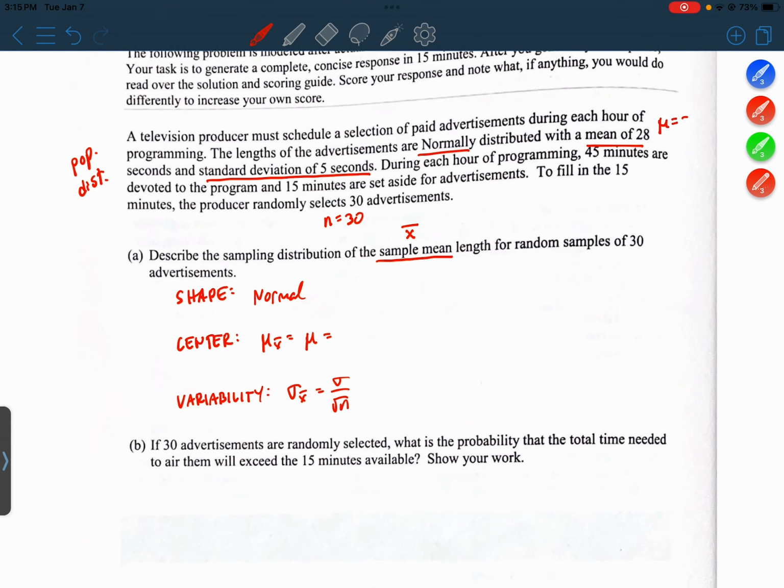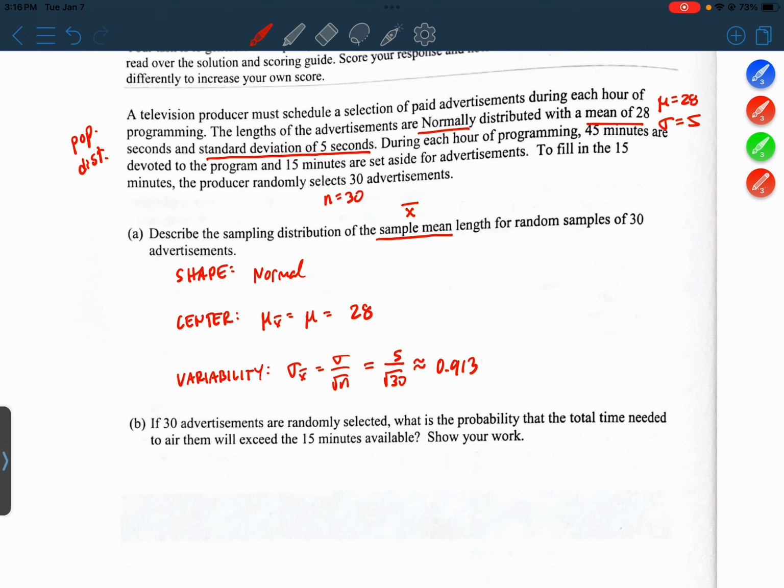The population mean is 28, and its standard deviation is 5. So this is going to be 28. This is going to be 5 divided by root 30. All right, and that's going to come out as a decimal. 5 over root 30 is 0.913. All right, so part A is done.